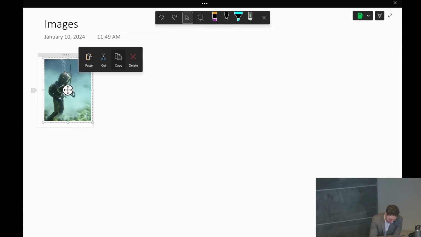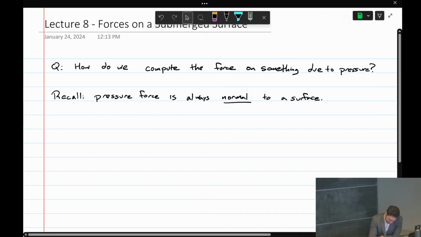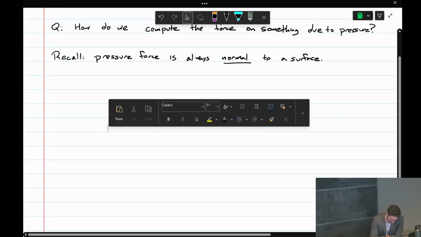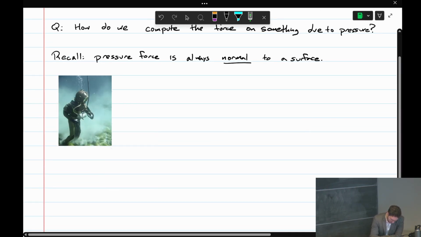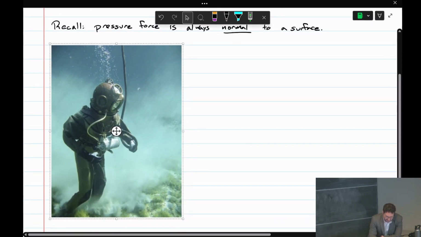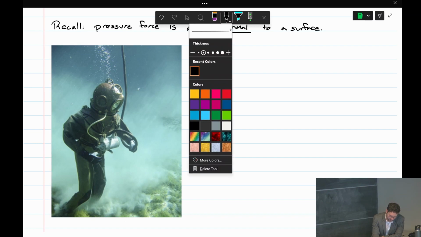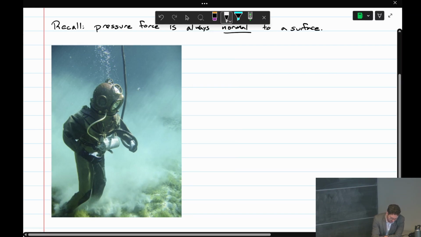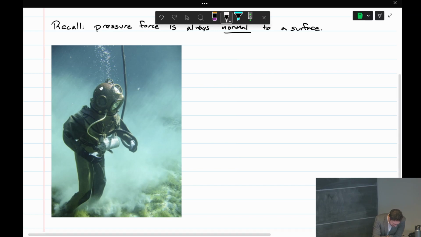So I'm going to give an example surface here. Let's say this diver is our thing we want to compute the pressure force on. So what I'm going to do is examine, say here, a very small element, a very small area on the surface we're trying to compute.